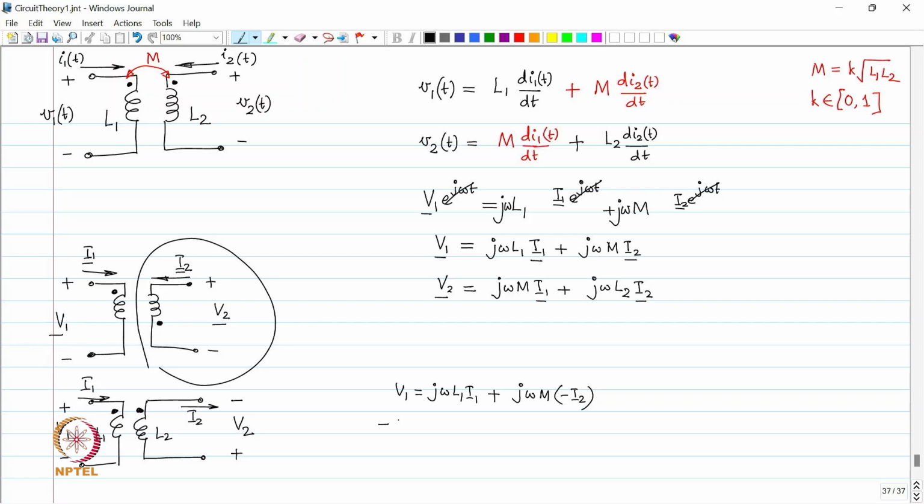And you get minus V 2 is equal to j omega L 2 times minus I 2 plus j omega m times I 1.